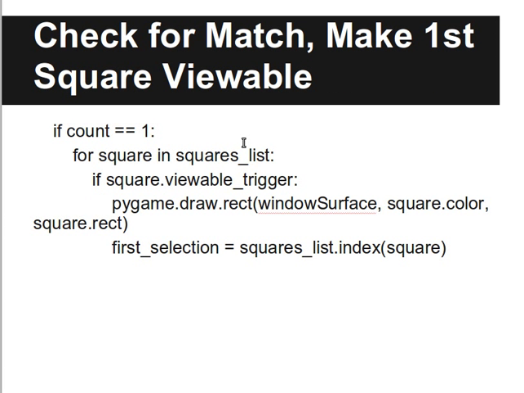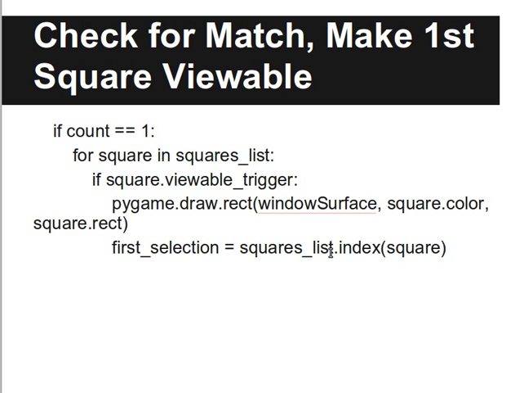Then you're clicking on the grid to uncover each square. The first time you click on the square, you want to make it viewable. So for squares in squares list, if the square viewable trigger is true, you don't need equals true, it'll just take it. Then you draw a rectangle, and then you set the first selection to the number of the square.